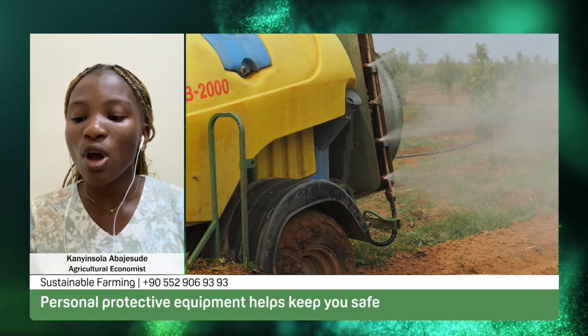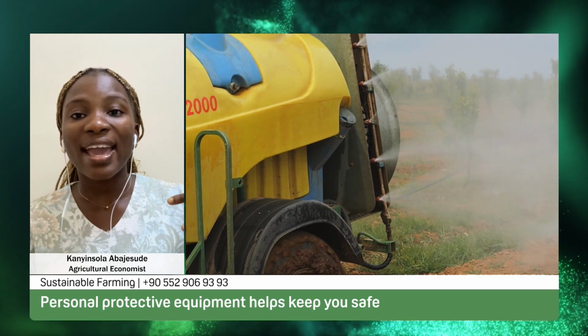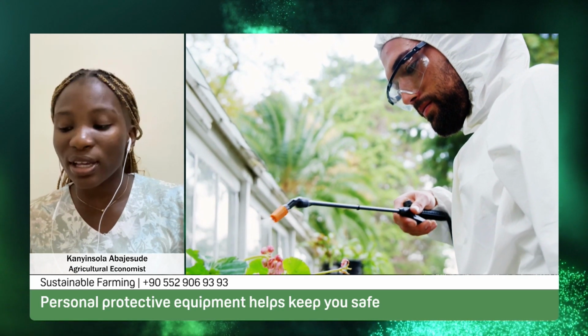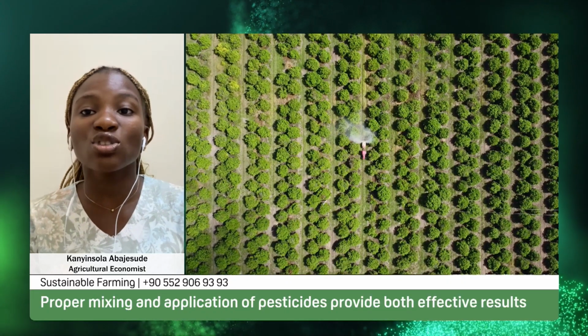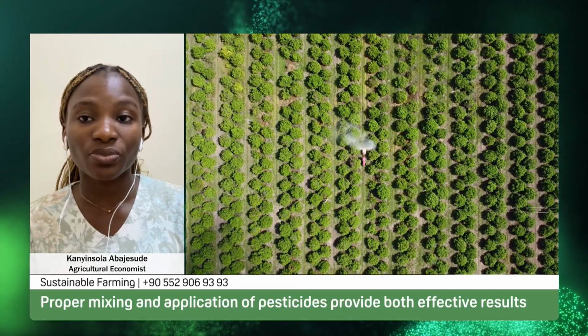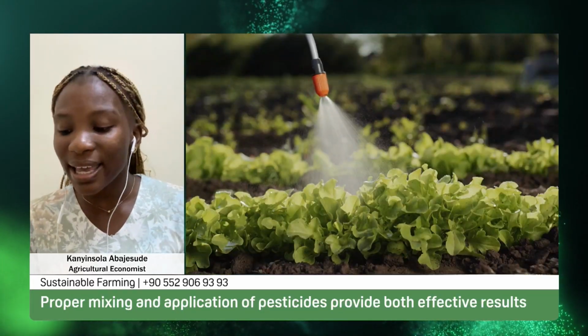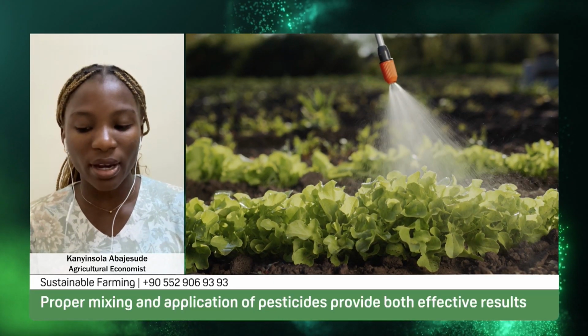Also, when you are spraying, you walk backwards against the wind, not towards the wind. Because when you are walking towards the wind, you are going to inhale it and it's going to affect you. So you spray backward against the wind to avoid inhaling the spray.